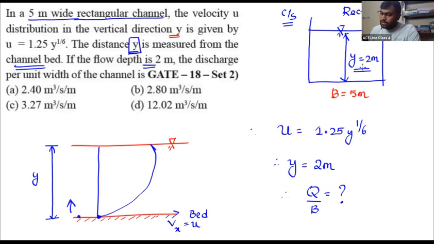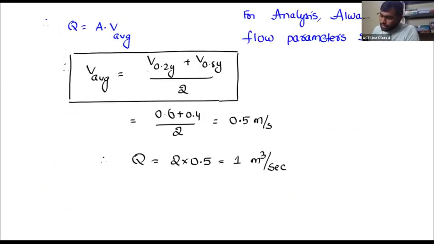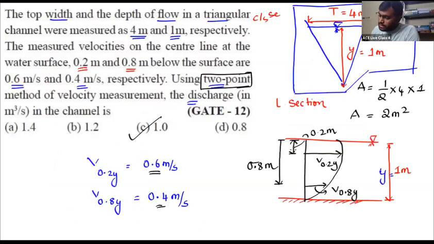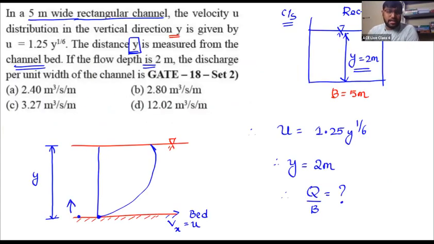Now it's all about the V average. You need to find out the V average. In the previous question, I mentioned the velocity at 0.2 y and 0.8 y, so you could use it directly. But in this question, did I mention anything like that?